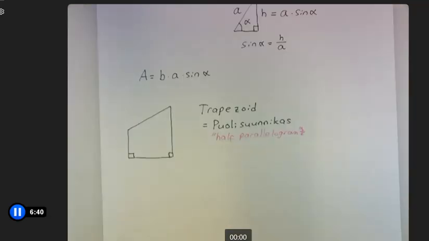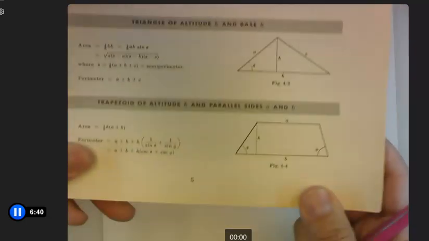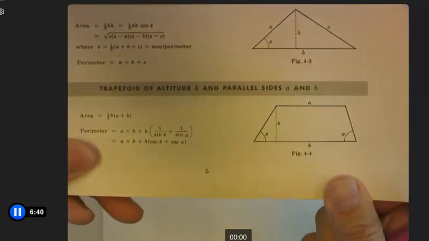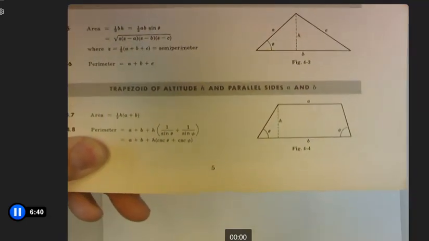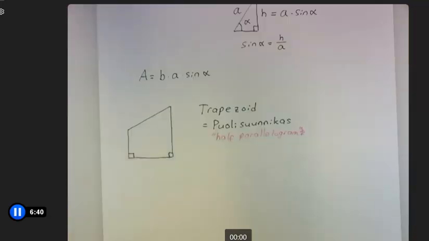And in this book it is drawn like this. But in my experience, mostly when you have to use that formula, I have met trapezoids or puolisuunnikas in this kind of form.